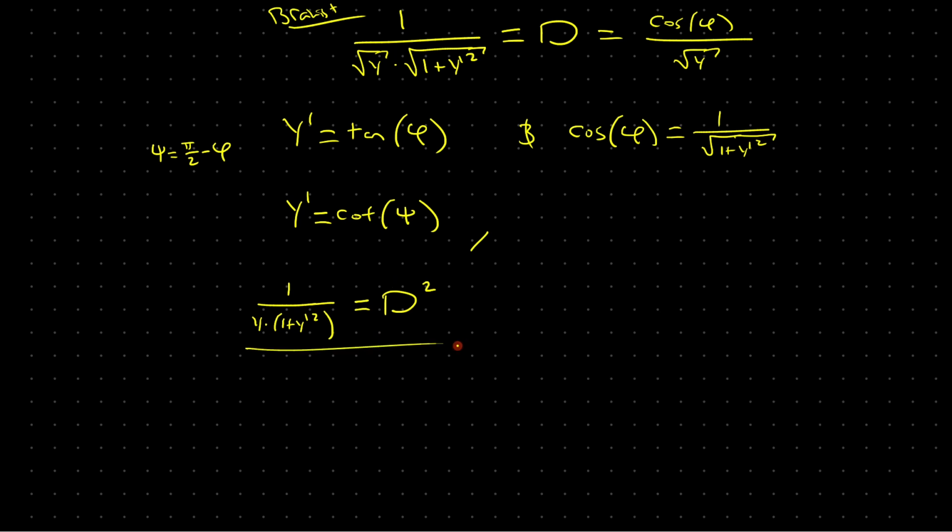This means that this differential equation is the same thing as y times 1 plus y prime squared is equal to 1 over d squared, where we'll call this b squared, some new constant, just so we don't have to write 1 over d squared every single time.